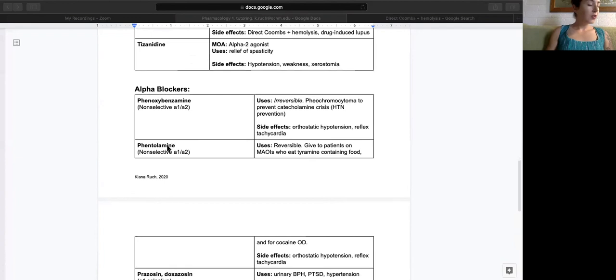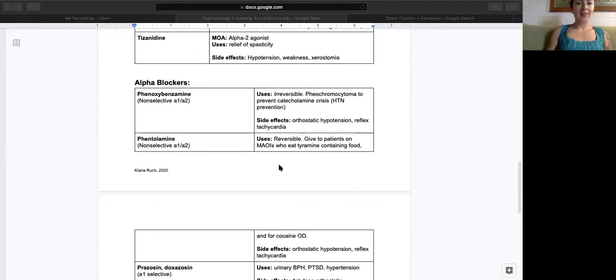Okay, drug number 1 for alpha blockers, phenoxybenzamine. So this is irreversible. It's used in pheochromocytoma to prevent a catecholamine crisis. And pheochromocytoma, if you guys don't know what that is, it's a tumor of the adrenal gland and it will produce catecholamines.